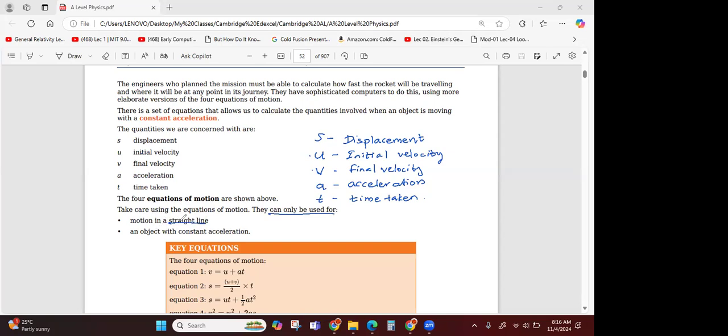So we said motion in a straight line means objects which are moving at constant acceleration, right? Object is in a straight line motion if its acceleration is constant, right? So now we can use the equations of motion if the motion is in a straight line, or in other words, the object has a constant acceleration.